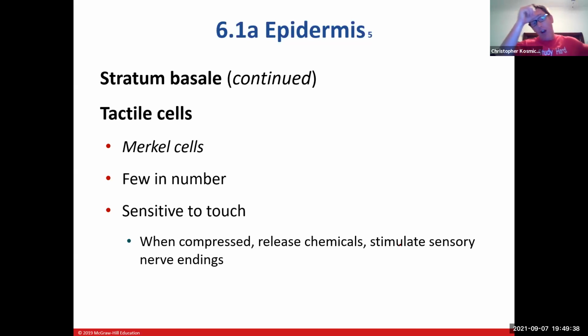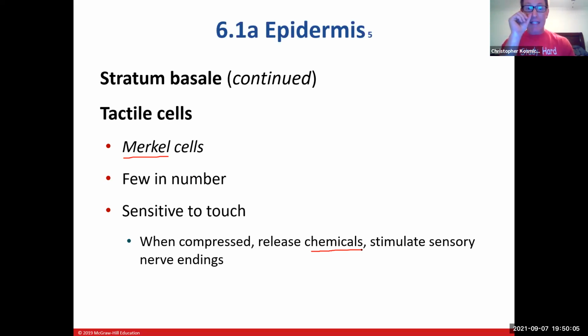All right, the third type of cell that we're going to find in the stratum basale are our tactile cells, also known as Merkel cells. These cells are touch sensitive. So when you actually apply pressure to these cells, they release these chemicals. And in the nearby vicinity, we have these receptors, free nerve endings.